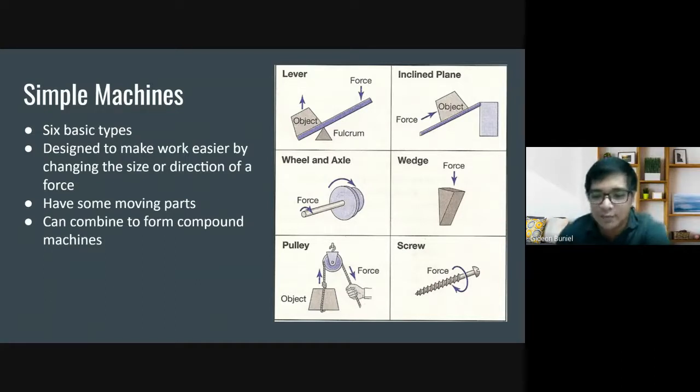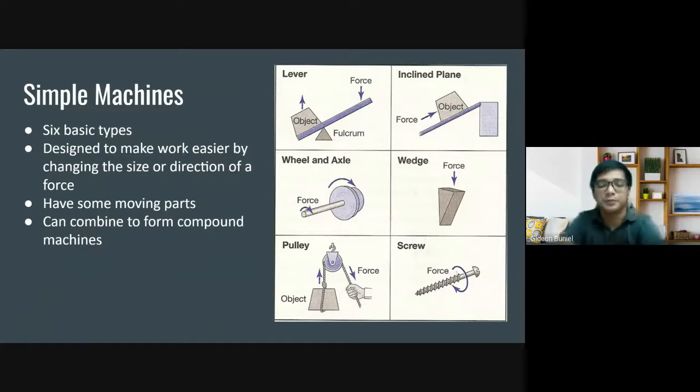They don't have advanced machines in construction. The masons and the carpenters use this because on the second floor they cannot just carry the cement manually. So they use a pulley system to grab the end of the rope and transfer it to the second floor. That's one basic application of the pulley system.